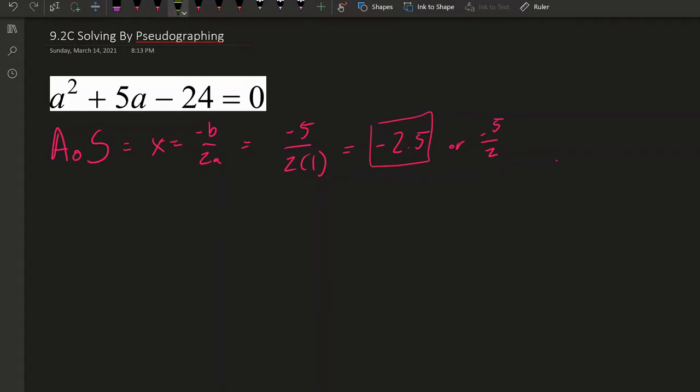However, I can just carry on from here and plug that in: negative 2.5 in parentheses squared plus 5 times negative 2.5 minus 24 in order to find the vertex. And I can just use my calculator for that.